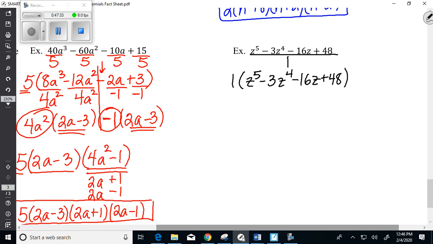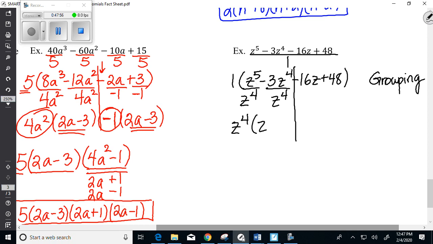You have 4 terms. Breaking into 2 groups because now you're going to group. So outside of the first group, you can take out z to the 4th. So if you take out z to the 4th, you're left with z minus 3. Move on over to the second group.